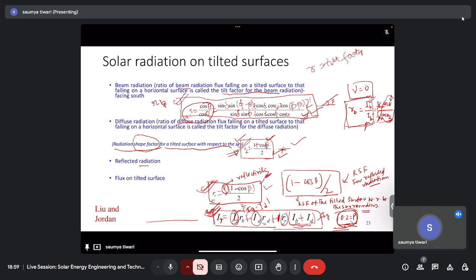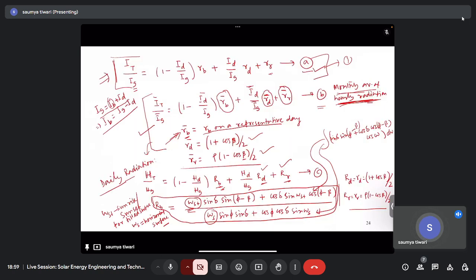So basically this formula has been manipulated to get it in terms of known ratios. They have divided this formula by Ig, your global radiation, beam plus diffuse.